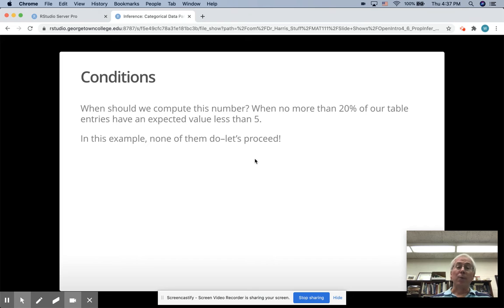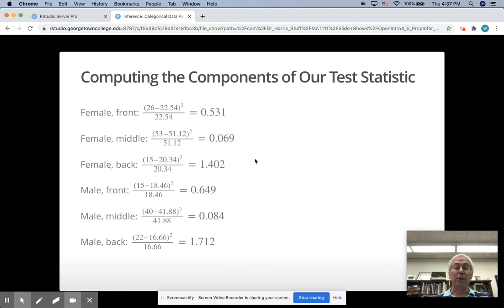So now we're just going to grind out those values, and I show the calculations on the next slide. Again, I would strongly encourage you to verify that these calculations are correct. There are 6 cells in my table. In each case, I'm computing observed value minus expected value, squaring that difference, and dividing by the expected value.